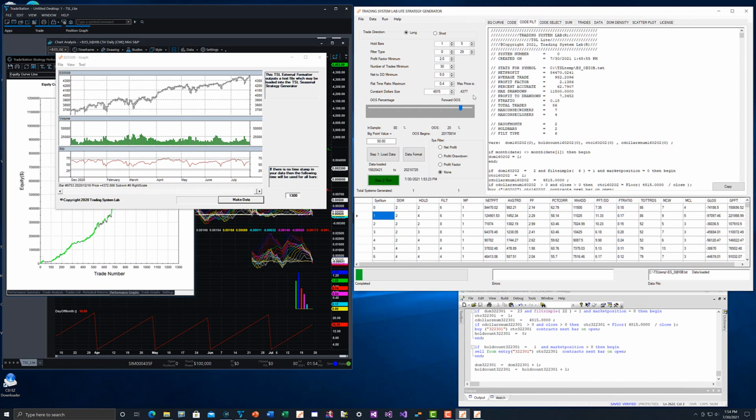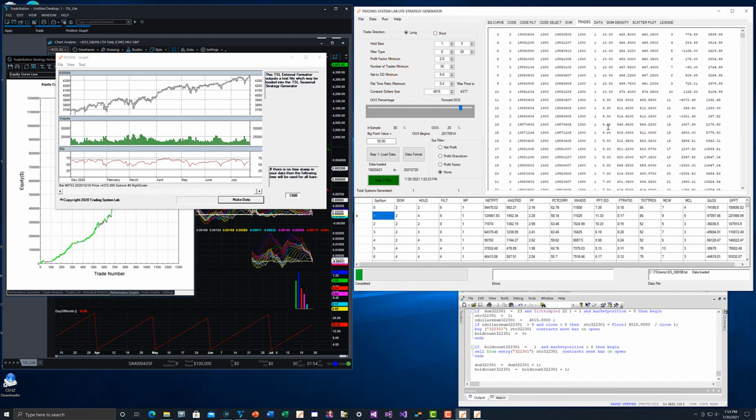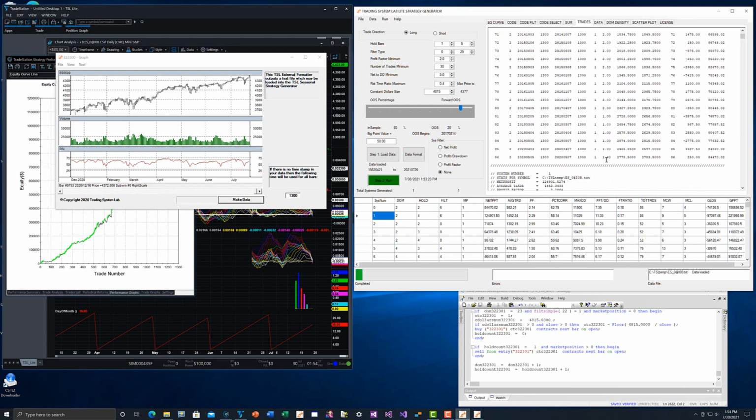That's how many contracts we trade, and that number of contracts is shown in its own individual column. For example, here we can see that as the S&P 500 price rises, we trade fewer contracts. Most recently, we're only trading one contract.